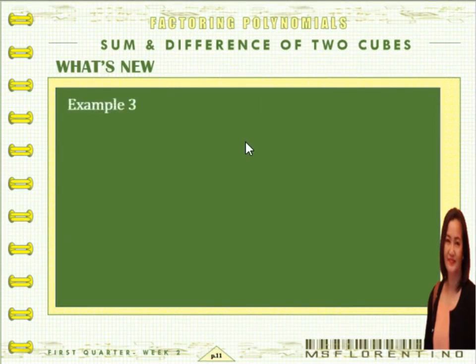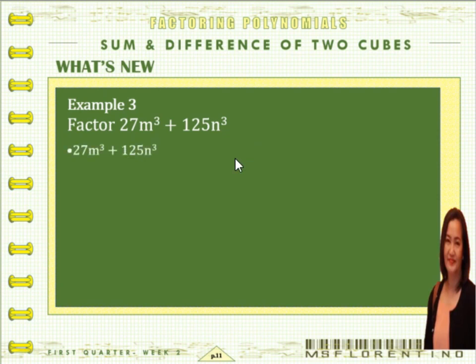Example 3. Factor 27m cubed plus 125n cubed. To factor this, we get the cube root of 27m cubed, and we have here 3m. To get the second term, the cube root of 125n cubed is 5n.